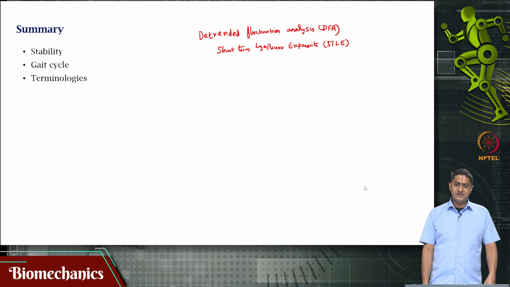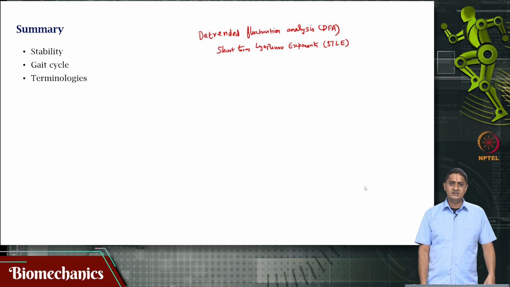So, in this video we looked at what is stability, what constitutes stability, for example, stability in the knee joint. We gave the example of that. And what is a gait cycle, and what is the standard way of representing or discussing a gait cycle, and some other terminologies. And we also gave a very brief introduction to some of the analysis techniques that are used to study gait, the time series approach.